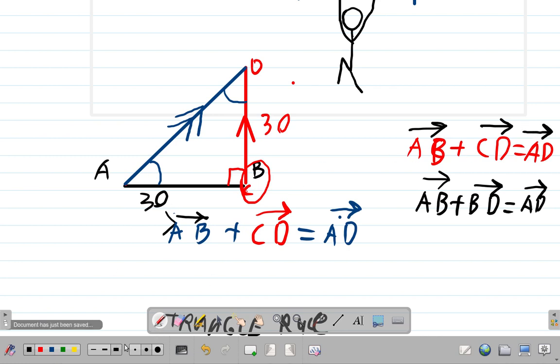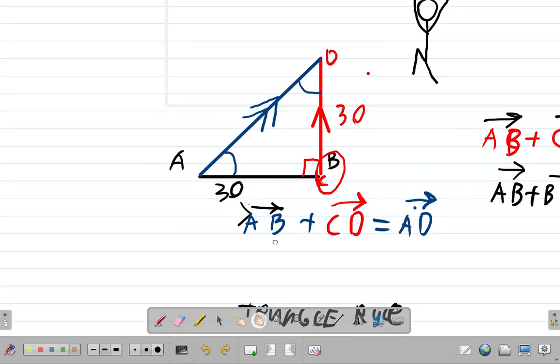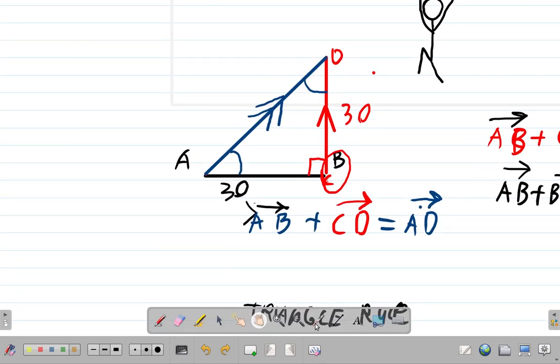So, here, you have AC plus CD equals AD. Now observe something with me. Make a note that you could be very well walking around this triangle.